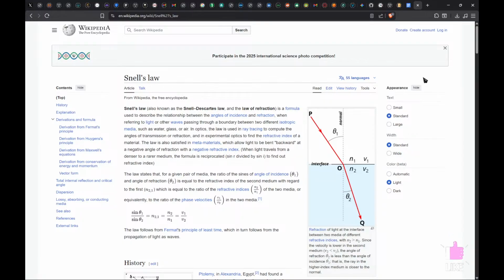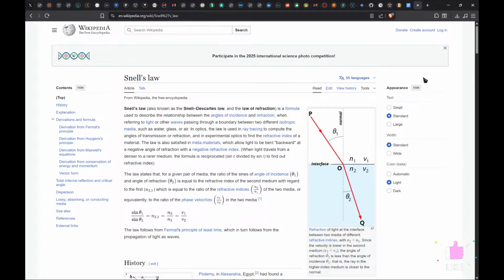Snell's law. Refraction. Interface. Normal.